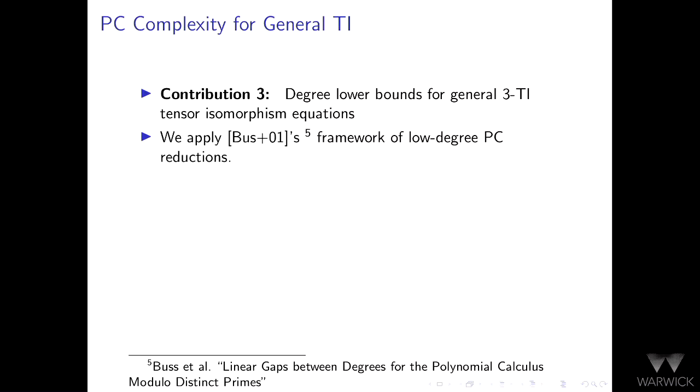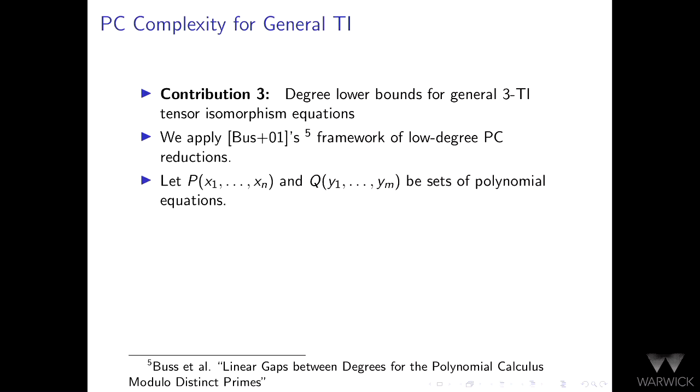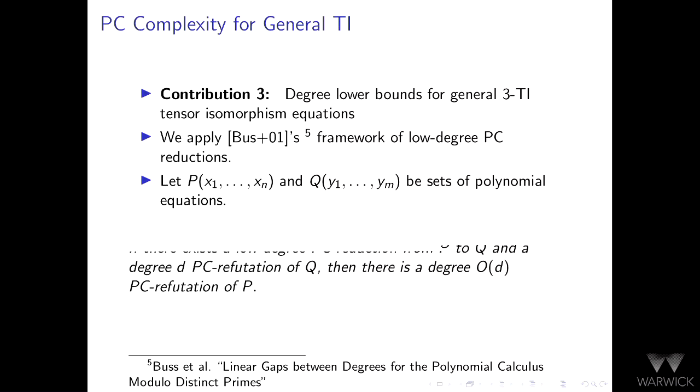The main technique that we use in our paper is the framework of low degree PC reductions, as introduced by Buss. And so in the interest of time, I won't define what this means precisely, but if we have two sets of polynomial equations, P and Q, then this notion of low degree PC reductions defined by Buss preserves the degree of the PC proofs.